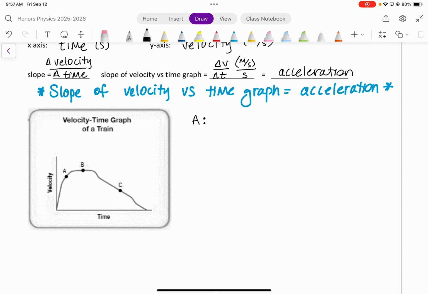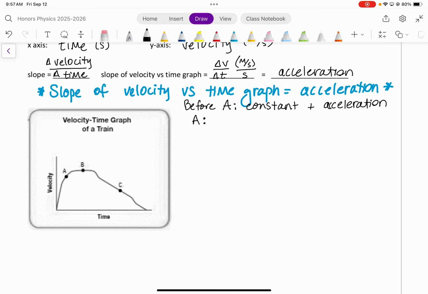All right? So before A, we have constant acceleration. Is that acceleration going to be positive or negative? It's positive. How do you know that, Vincent? Yes, because it has a positive slope. So think slope, dude. Positive.